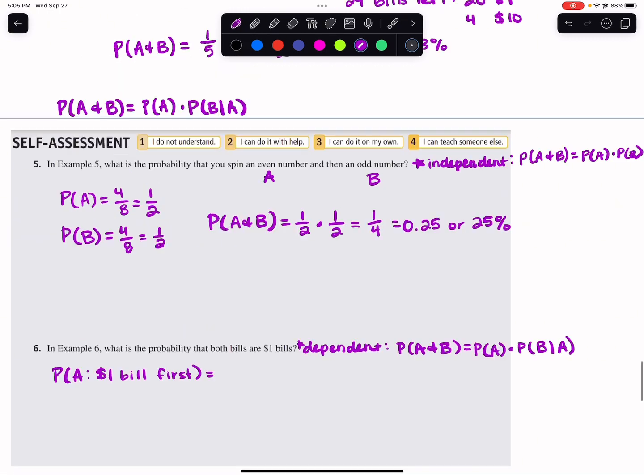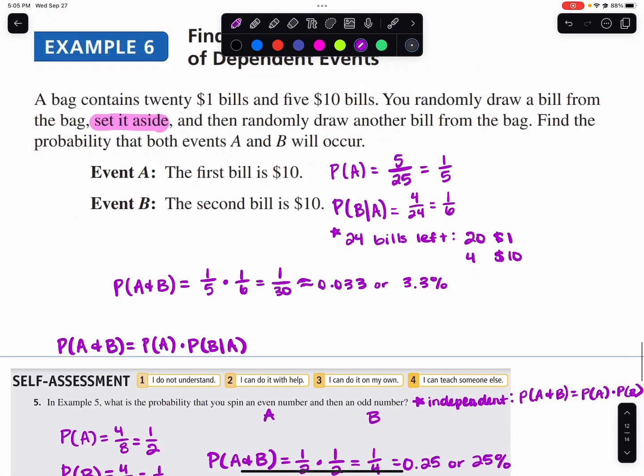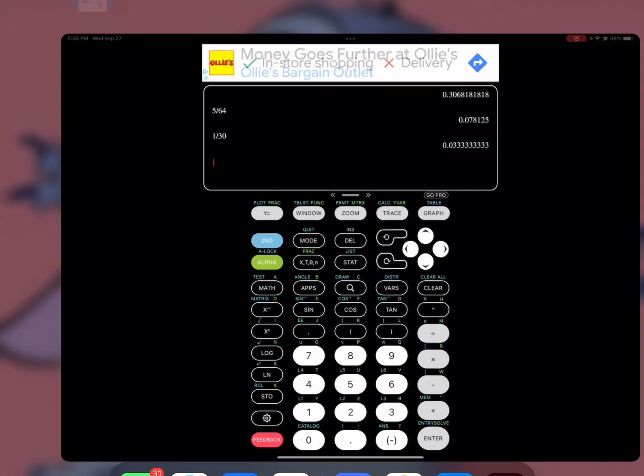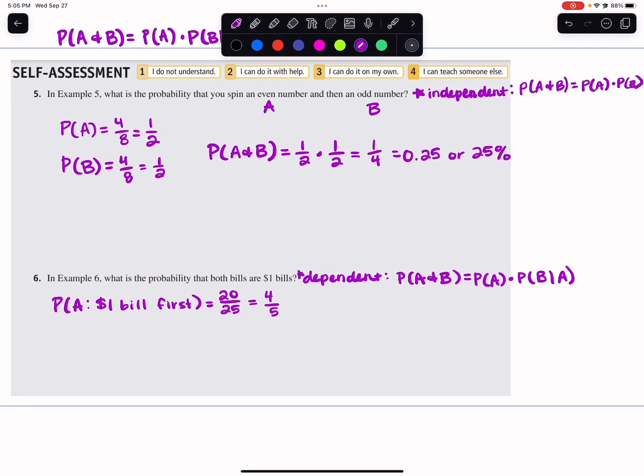So I gotta look back at my scenario. I have 21 $1 bills out of 25 total bills. Simplify that by dividing both by 5. That'll be 4 over 5, which is 0.8, or 80%.